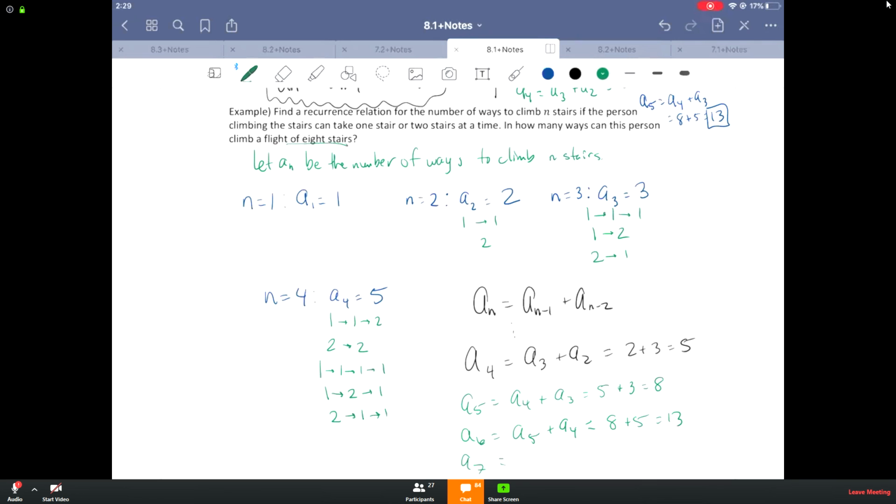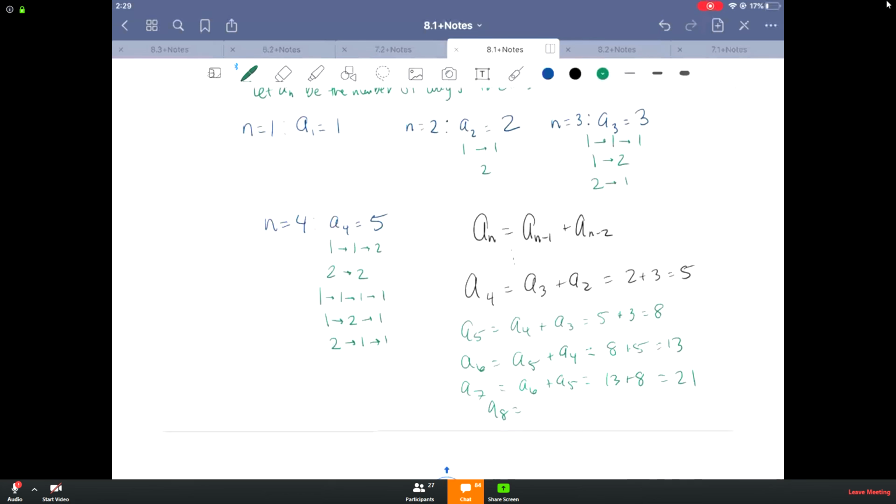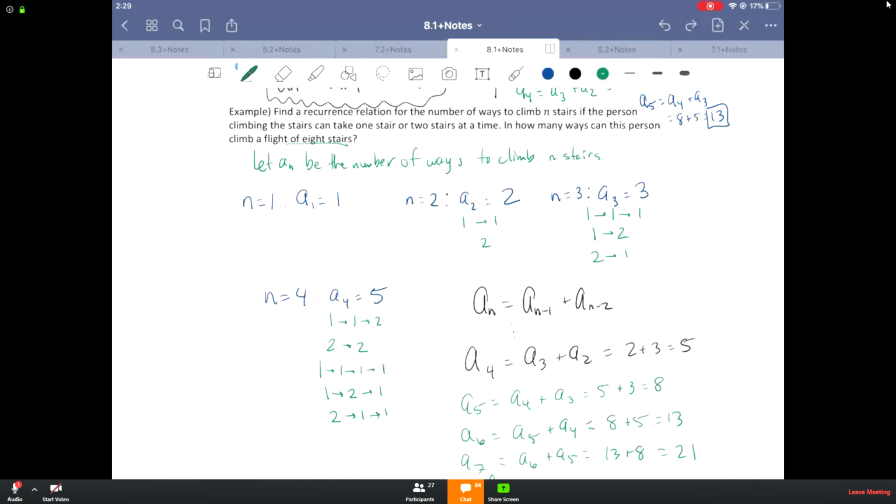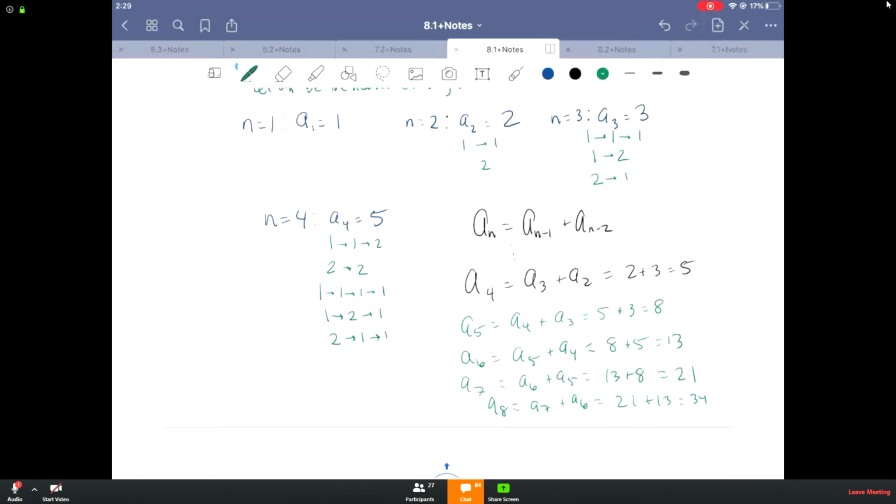A sub 7, you want a sub 6 plus a sub 5. That'll be the 13 plus 8. That's the 21. And then squeeze in the last one. A sub 8 is a sub 7 plus a sub 6. 21 plus 13 is the 34.